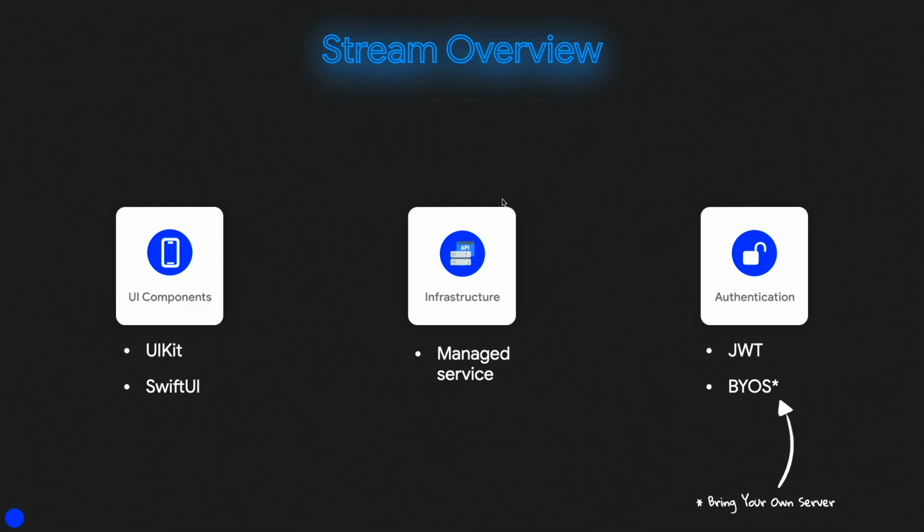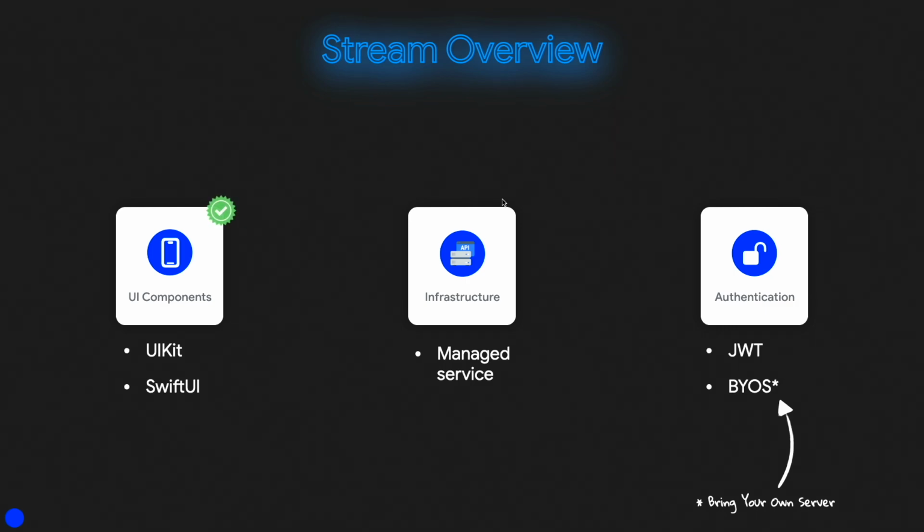And then there's authentication, right? Because Stream requires us to create a token to verify that people who are trying to use the service are actually legit, right? So we need to do some form of authentication there and some token generation. And this follows the BYOS term, which we invented, and is called Bring Your Own Server.